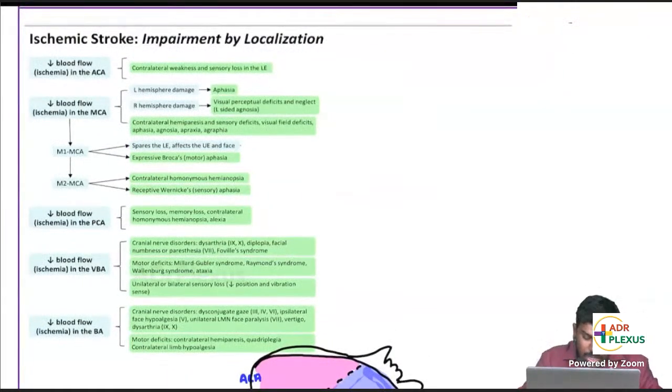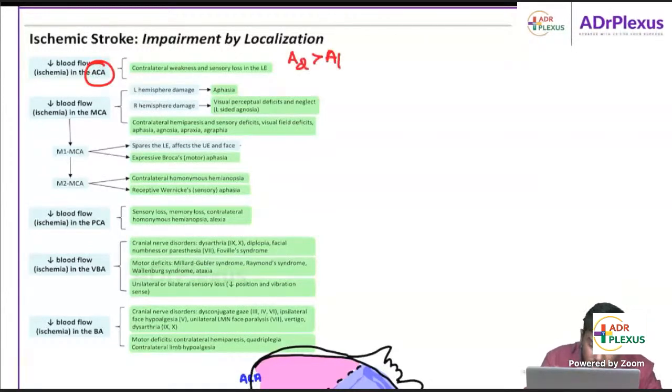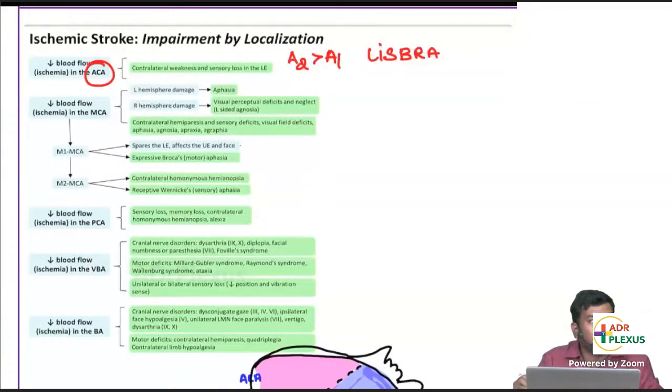Coming to ACA territory involvement, it is the A2 segment which is involved more commonly than the A1 segment. What is the clinical feature I have told you? The LSRAA clinical feature. L for lower limb involvement, S for social behavior, R for release of primitive reflexes, A for apraxic gait and abulia.